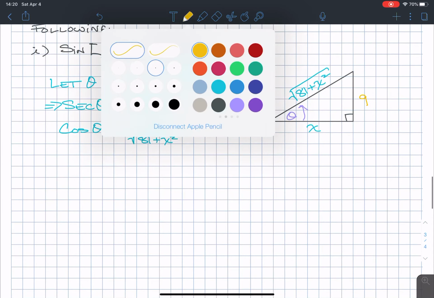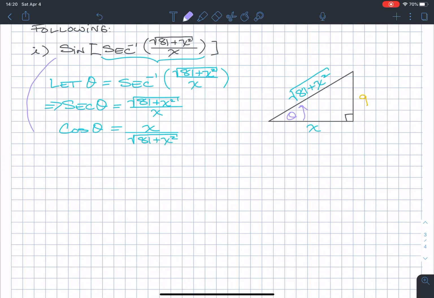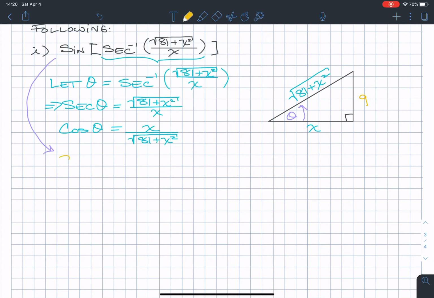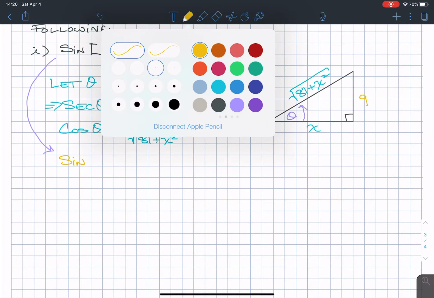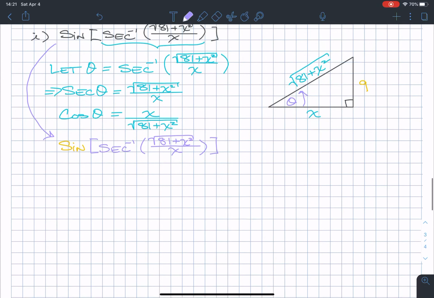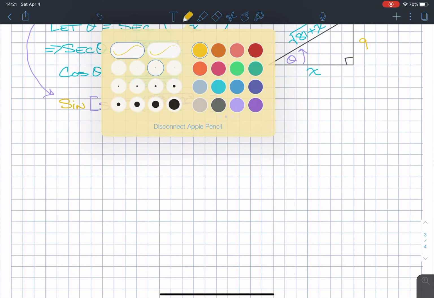Okay, so now let's go back to the beginning. We have sine of secant inverse of the square root of 81 plus x squared all over x, but that is theta.